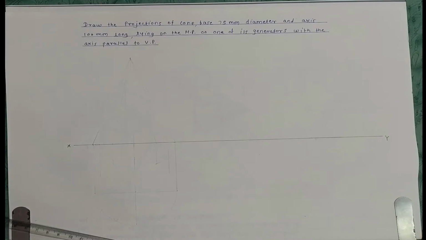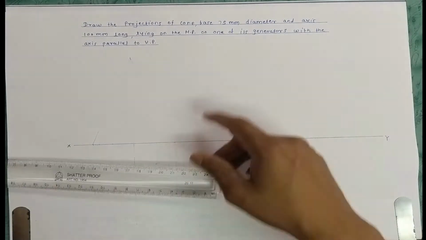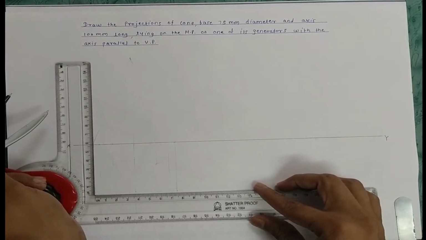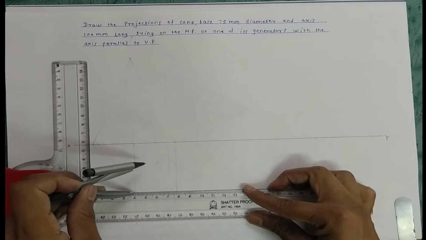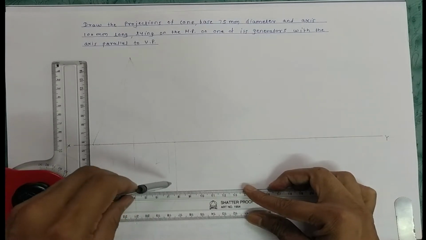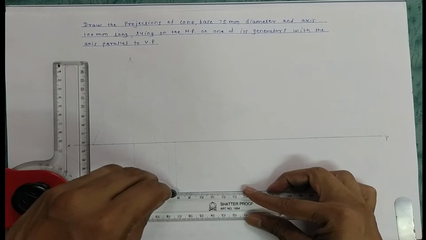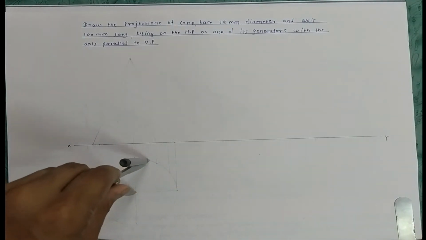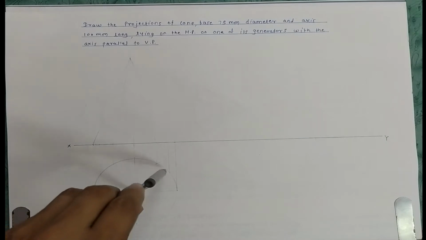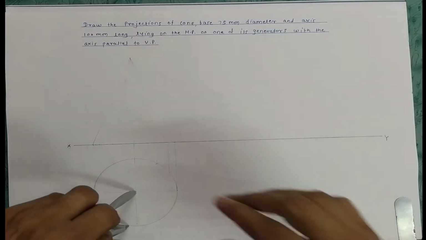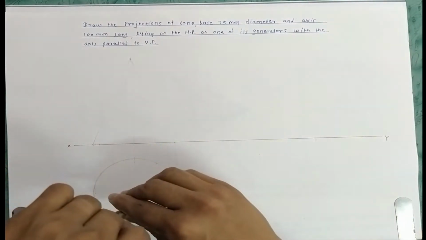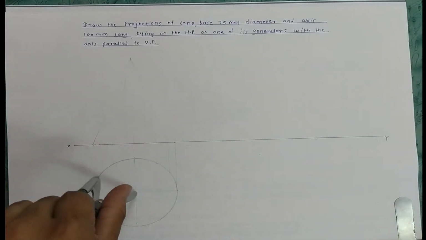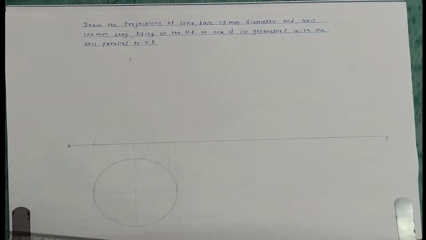So first of all, draw a circle of diameter 75 mm. In the compass, take a distance of 37.5 mm as a radius, and draw a circle. Again, it is divided into 4 equal parts.